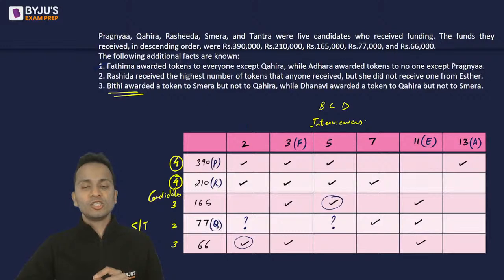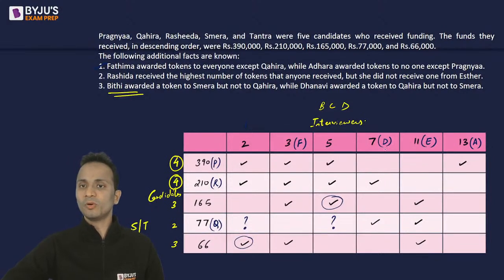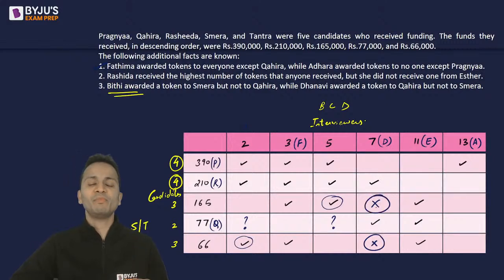So Dhanvi can only be this person with token number 7, but not to Samira. So Dhanvi has not given to Samira. Now, Dhanvi has not given to this person as well as this person. So still we are unable to find out who is Samira. Okay, so Dhanvi is also gone.